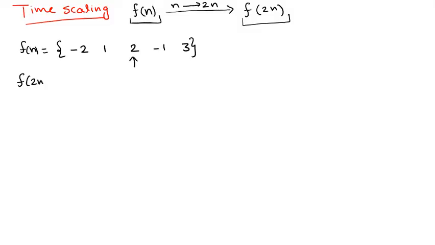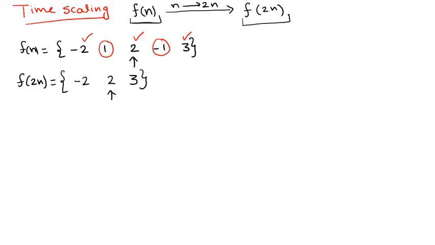So it means basically you need to drop alternate samples. You need to drop this sample, drop this sample. We will retain this, this, and this. So then f(2n) will be equal to -2, 2 and 3. So this is your f(2n).